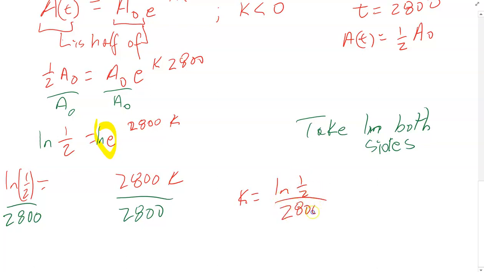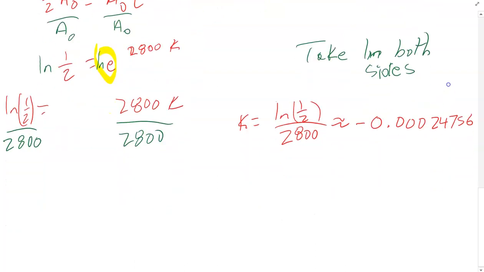And this we know is a negative number, because the ln of a fraction is negative, over positive. If you plug that into your calculator, you get something like negative 0.000245756. So that is what our k is.